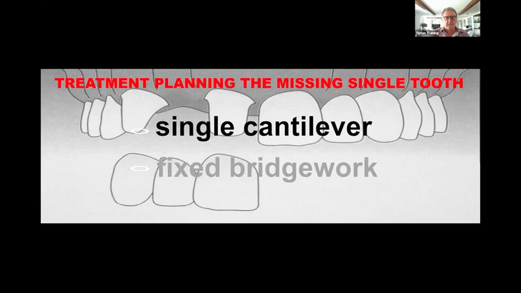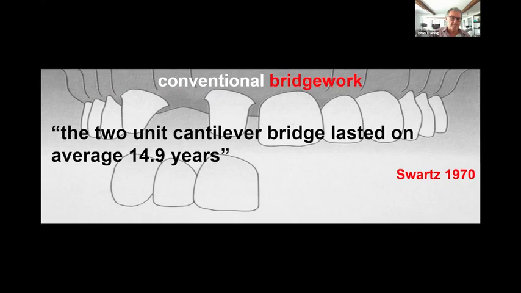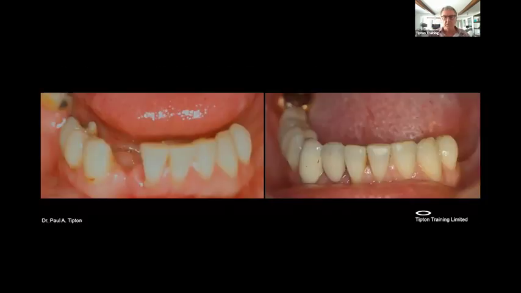So again, at the front of the mouth, we can't do fixed movables. Our alternatives are the single cantilever, where we're cutting down just one tooth, or fixed bridge work. With a 2-unit cantilever, longevity studies would suggest that they last approximately 15 years. And most of you, I'm sure, have done cantilever bridge work, which involves preparation of one canine to replace a lateral incisor.